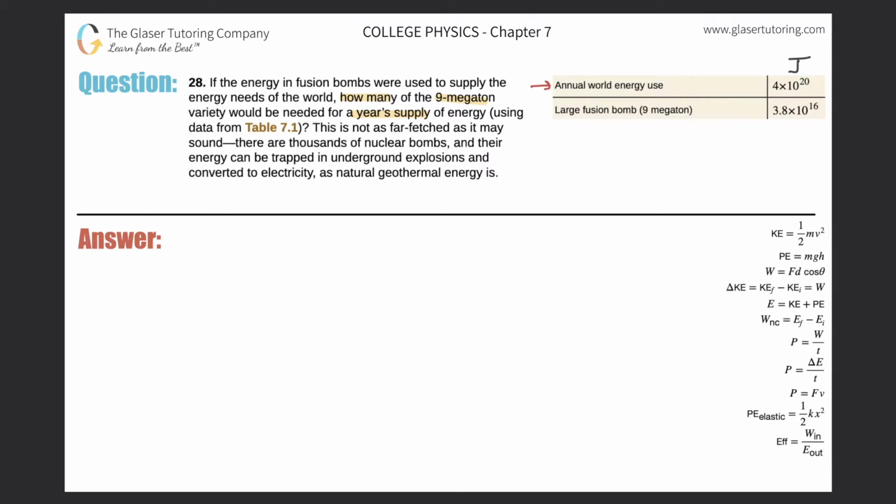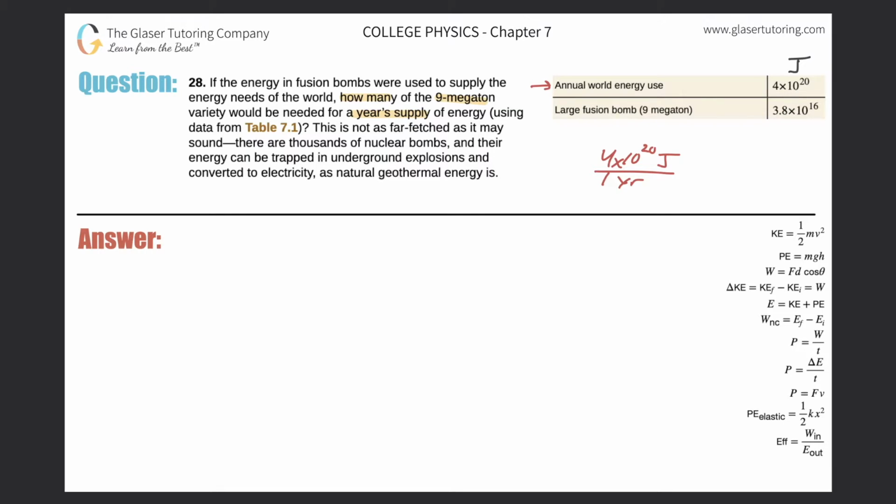It tells us that the annual world energy use would require about 4 times 10 to the 20 joules. In terms of converting that into a conversion factor, I would write 4 times 10 to the 20 joules per 1 year. Since that's the annual world energy use, it requires this many joules per year. So that should make sense.